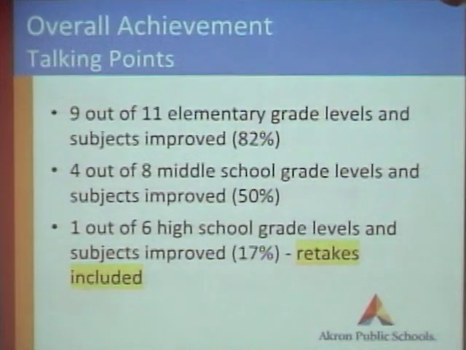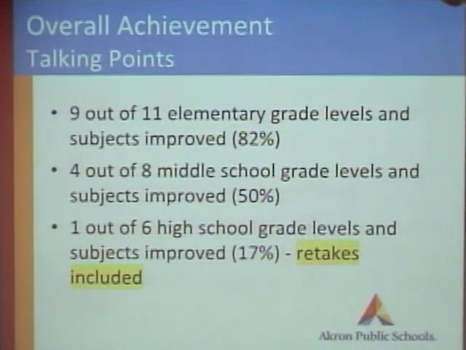So the summary then is 82% of our elementary grade levels and subjects improved. So we have to be happy about that. That's this trajectory that we're seeing, especially when we're seeing from elementary, the more we get kids reading on grade level, the more we're seeing that continue to improve then middle school performance and then high school performance.